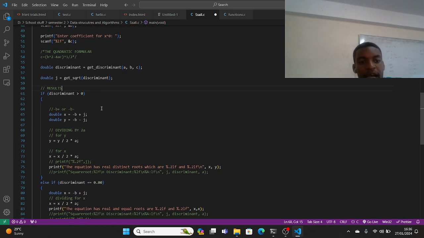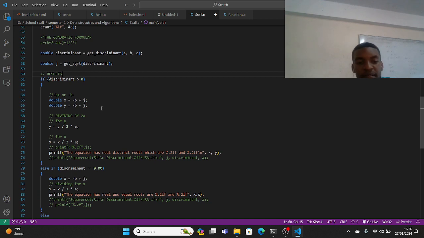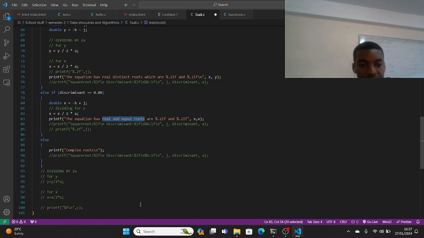From there, I use my if statements to bring out what was in the question: if the roots are real and distinct, they should be printed to the screen. If they are real and equal, they should be printed to the screen. And if they are complex, it should just say complex roots.